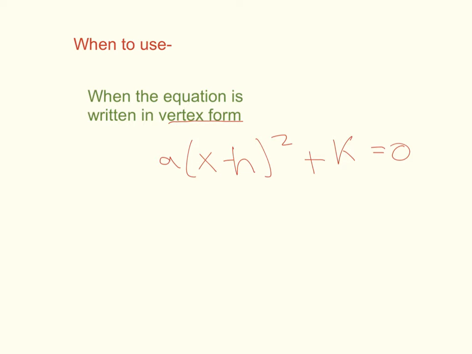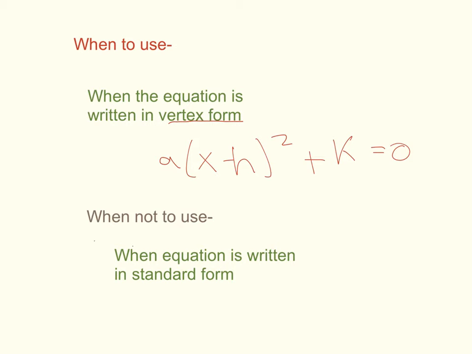So now that we know when to use the square root method, let's talk about when not to use it. Well, if you find an equation that is written in standard form, which is ax squared plus bx plus c equals 0, that is a good indicator that using the square root method would be a bad idea.